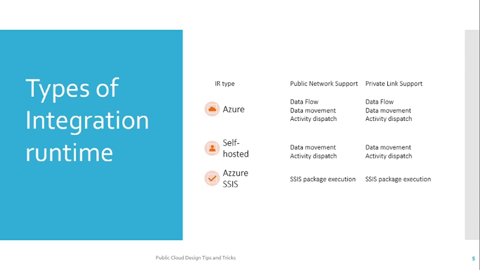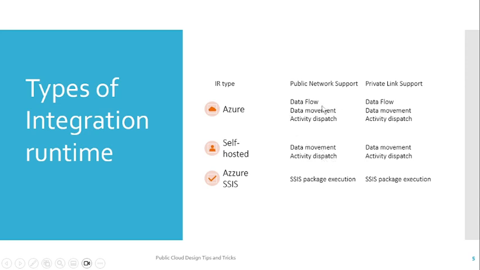Second is self-hosted. As you understand, self-hosted means you have to host the runtime by yourself. That means you can provision it on your own data center or over a compute or a virtual machine where you are going to install the integration runtime. With the self-hosted type, you can have only data movement and activity dispatch.